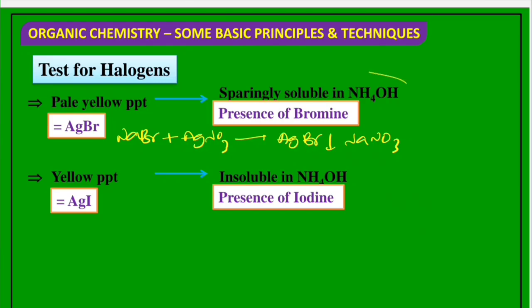It is sparingly soluble in ammonium hydroxide, NH4OH. This indicates the presence of bromine.